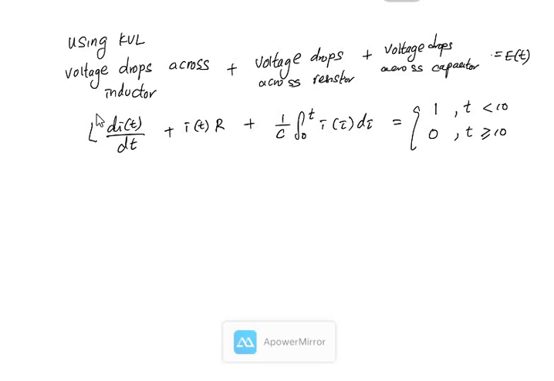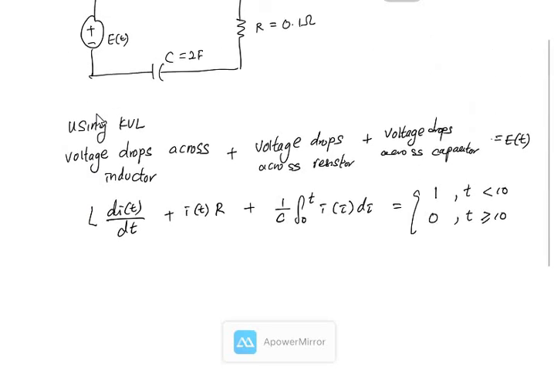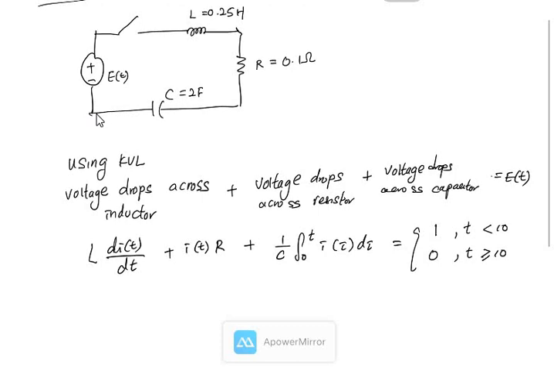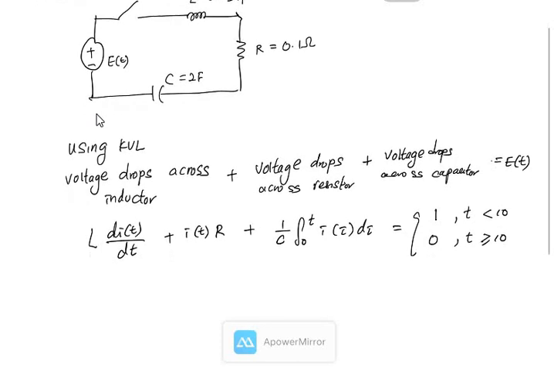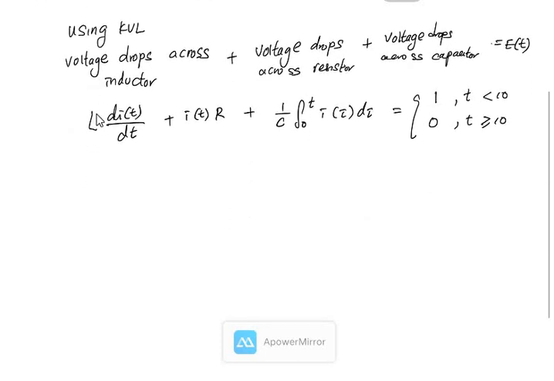So then we substitute the values: L is equal to 0.25, R is 0.1, and C is 2.